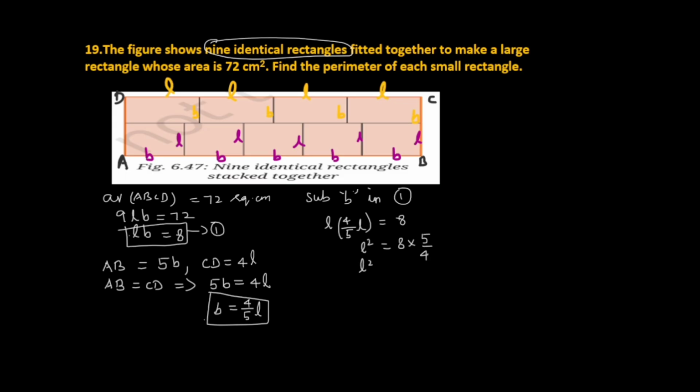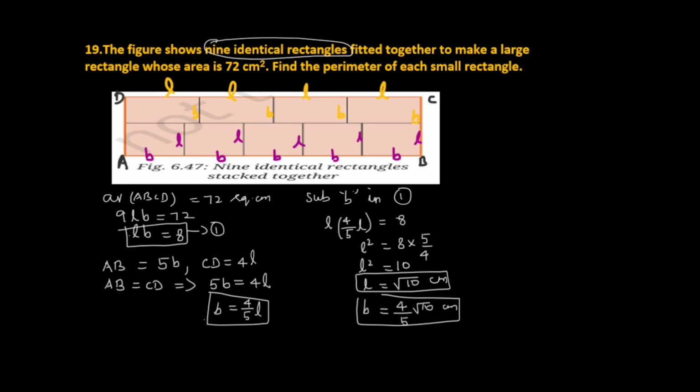So L squared is equal to 2 times 5, which is 10. L is equal to square root of 10 centimeters. So the length is square root of 10 centimeters. What about the breadth? Breadth is equal to 4 by 5 times square root of 10 centimeters.